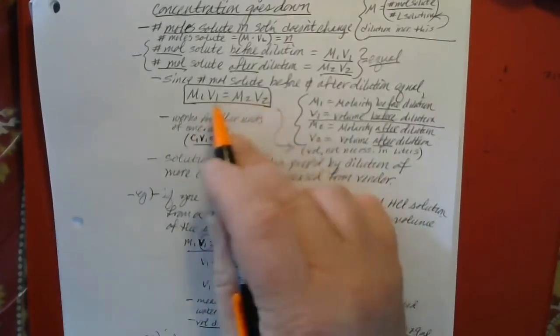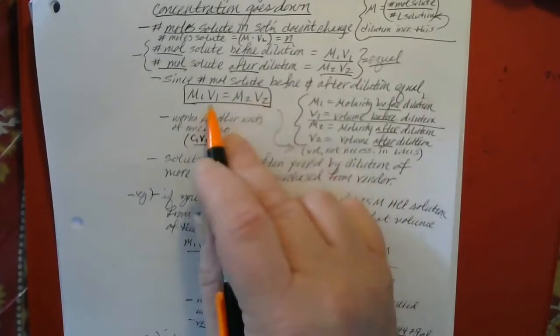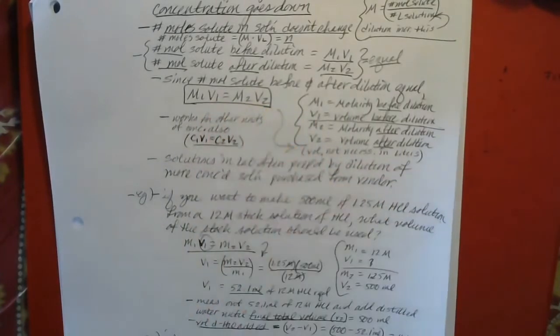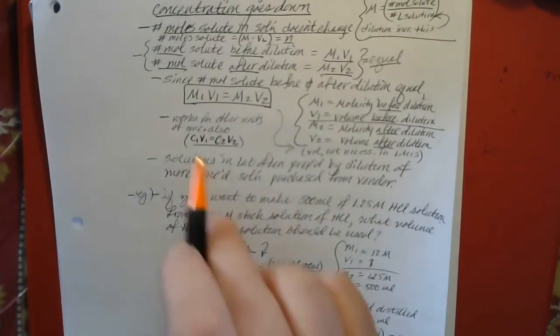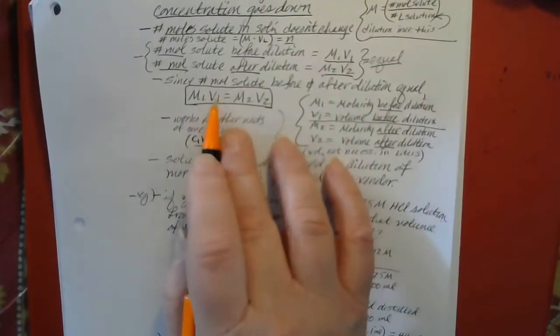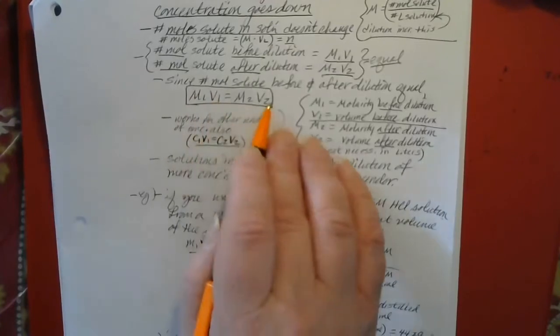You could use any units for volume you want as long as you use the same units for V1 and V2. You could use cubic feet for volume. That would be kind of a crazy unit to use. It's totally non-metric and it's hard to calculate, but you could do that, and the equation would still work as long as you use cubic feet for both V1 and V2.